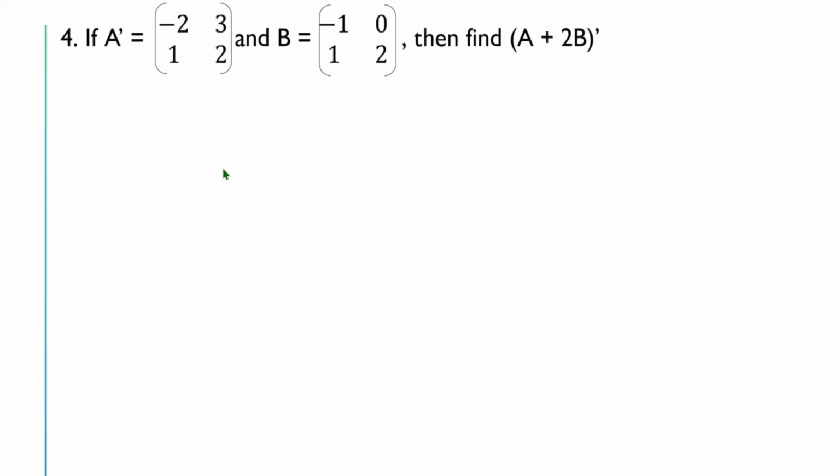The next question, if A transpose equal to minus 2, 3, 1, 2 and B is equal to minus 1, 0, 1, 2, then find A plus 2B the whole transpose. So we have to find A plus 2B the whole transpose.